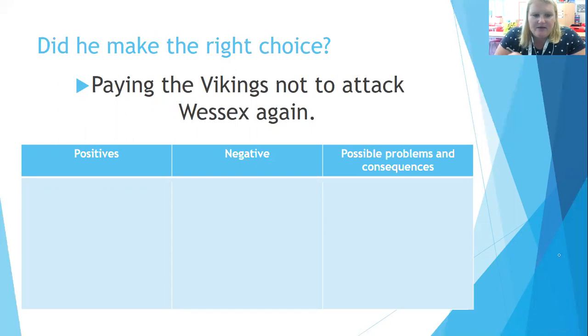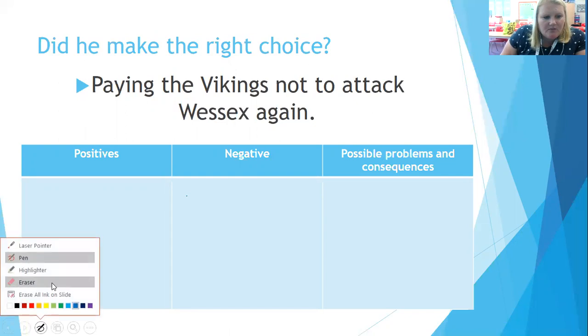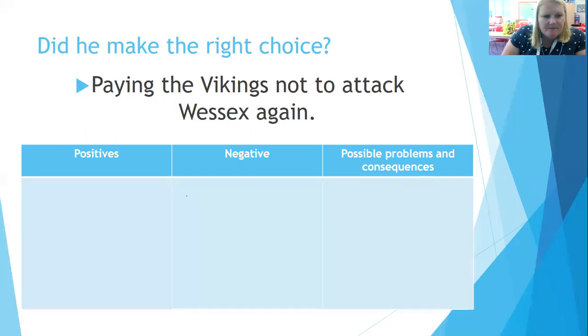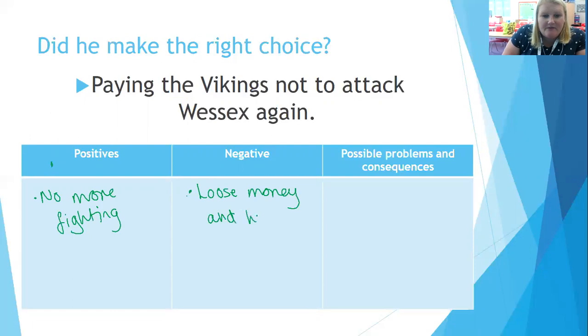So it could be that in this one, positives, could be something as simple as, where's my pen? There I am. No more fighting. Negatives, lose money and have given in.